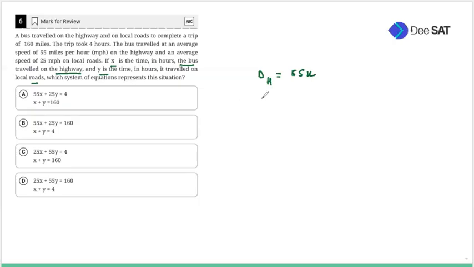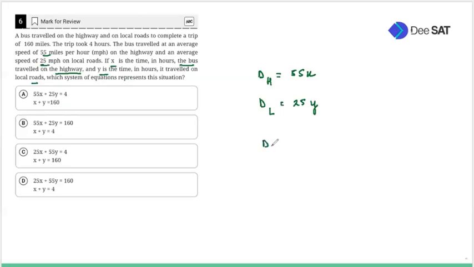Similarly, the distance traveled by the bus on the local roads is the bus traveling at an average speed of 25 miles per hour for y hours. So 25 times y will be the distance traveled on the local roads.